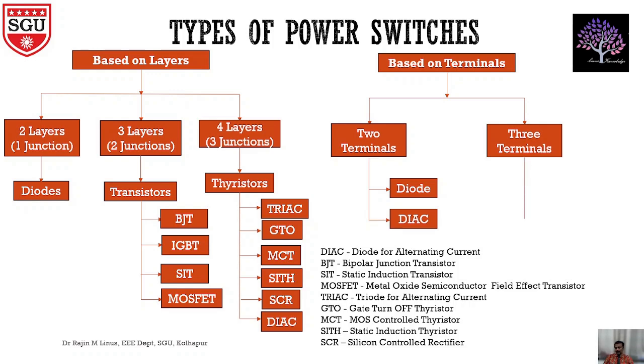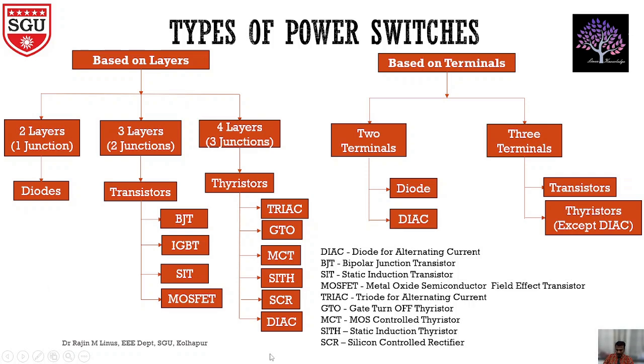Then three terminal: in the transistors and thyristors families, all the switches come under three terminal except diac. Except diac, triac, GTO, MCT, SITH, SCR all are three terminal switches. So these two are two terminal, and these families are three terminal except diac.